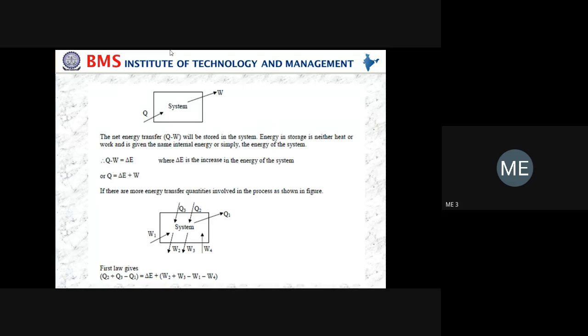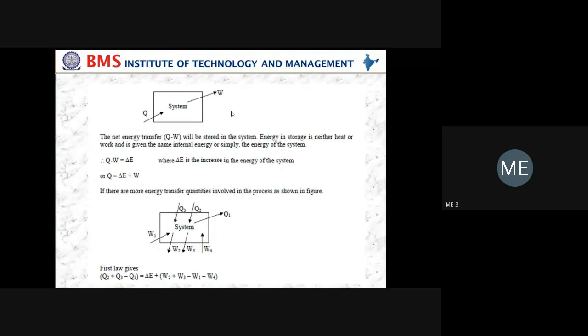Now let us consider the system where the heat is taken into the system and the work transfer is done by the system. Whatever the net energy transfer is, Q minus W, that will be stored inside the system. Q is the heat input to the system, and W is the work transfer from the system.